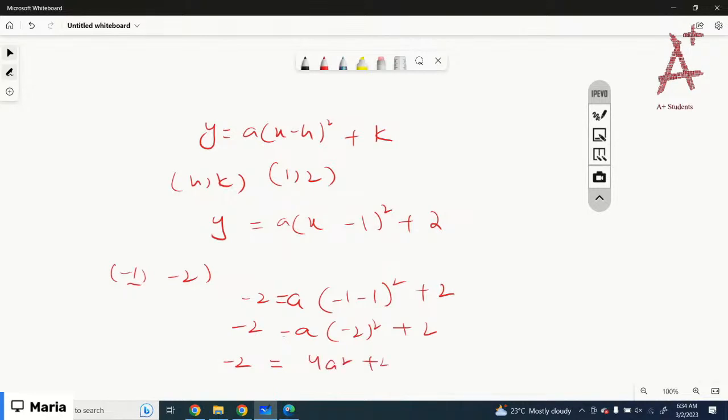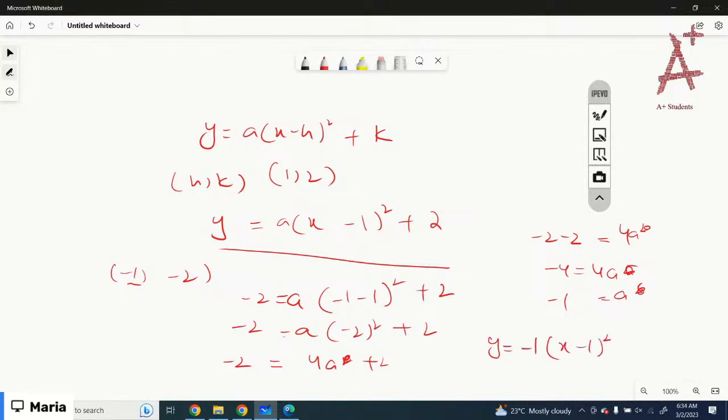Move 2 to the other side. It would be 4a equals -2 minus 2, that is -4. So a equals -1. Just put the value. It would be y equals -1 times x minus 1 whole square plus 2. Got it?